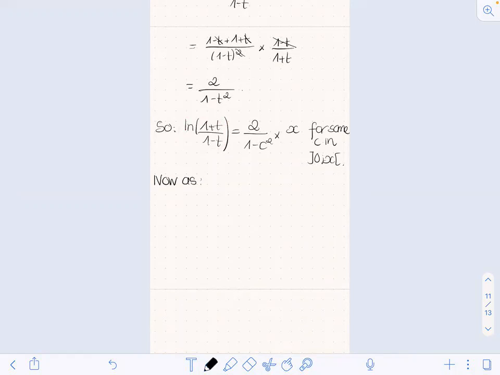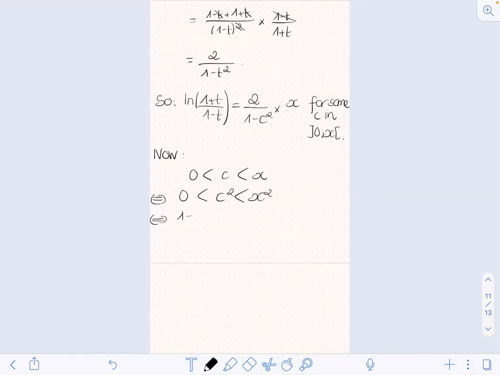So what we get if we try and do that, we get 0 smaller than c smaller than x. That implies that if we take c squared, we'll get 0 smaller than c squared smaller than x squared. And that works because everything is positive. And so if we take 1 minus the objects, we need to change the order of everything.